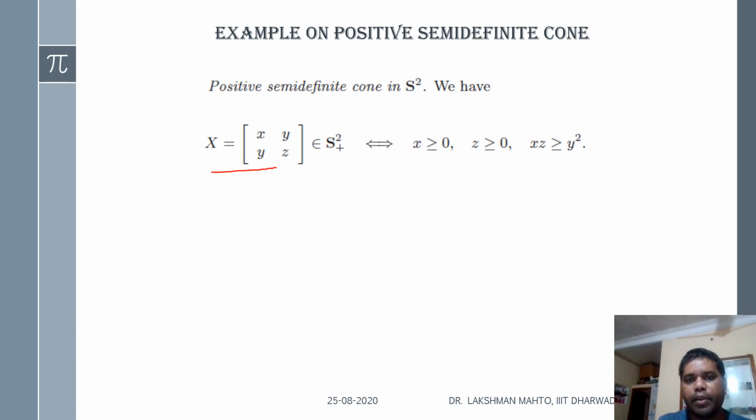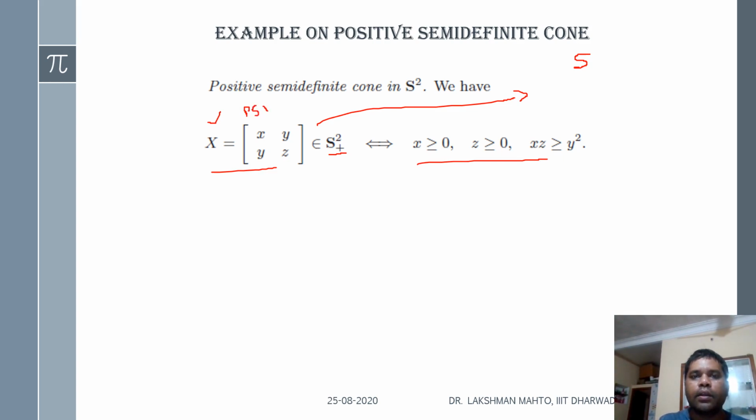So I am coming to discuss one example here. I have taken one 2 by 2 matrix from the class of positive semi-definite matrices. If you look at this from a more generic perspective, how many variables do you observe in this matrix? It is this matrix X having entries x, y, y, z, and the entries satisfy this condition.